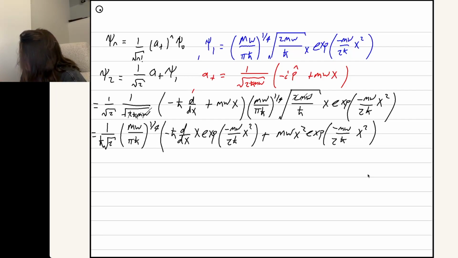Right. That little derivative will be one where we apply the product rule.